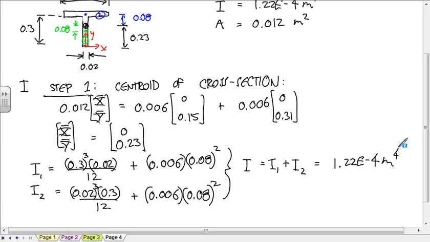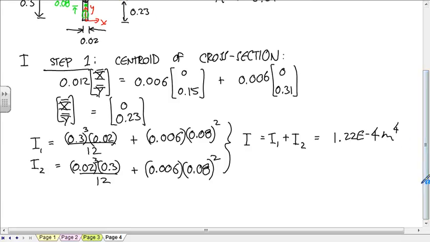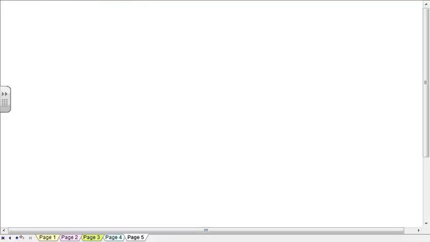Okay, so now we have to think about those stresses. So due to the internal tension, we know we have an XX stress that's equal to negative 40,000 divided by the area.